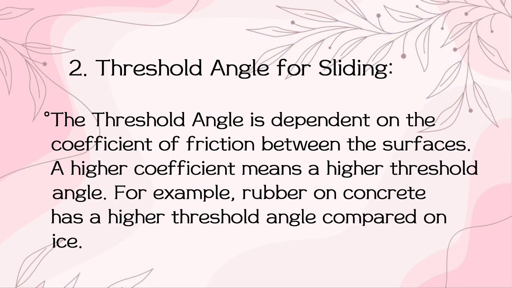Number 2. Threshold angle for sliding. The threshold angle is dependent on the coefficient of friction between the two surfaces. A higher coefficient means a higher threshold. For example, rubber on concrete has a higher threshold angle compared to metal on ice. Number 3.